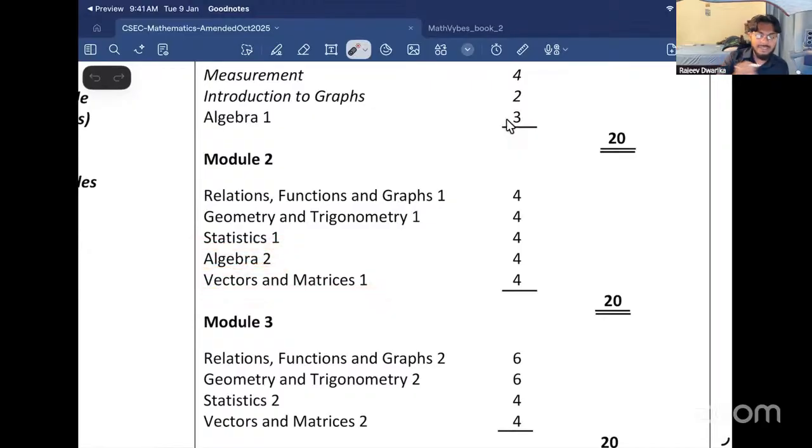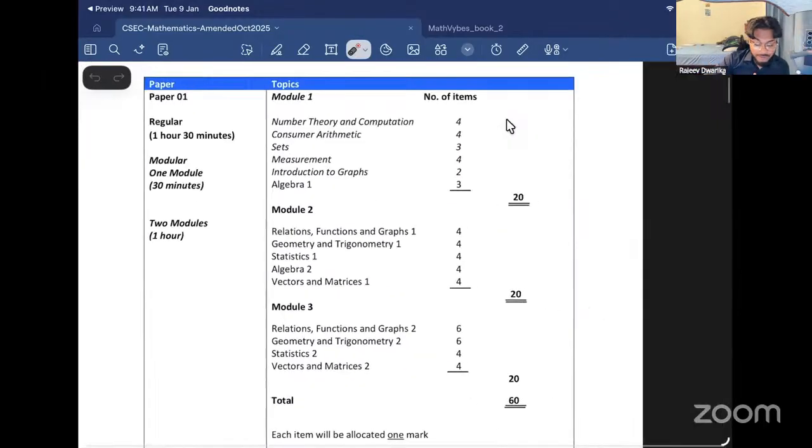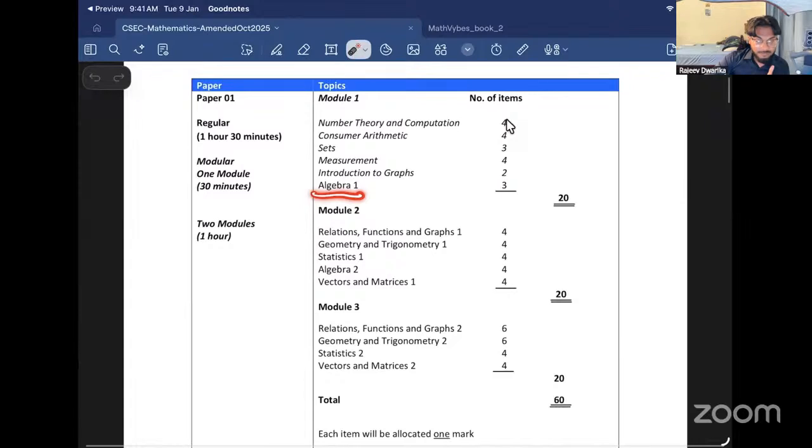What I noticed is that they're actually breaking up some topics into different sections. Algebra 1 is tested in module 1, however algebra 2 continues in module 2. This is a bit weird. Before, question 1 would be one specific topic, question 2 another specific topic.